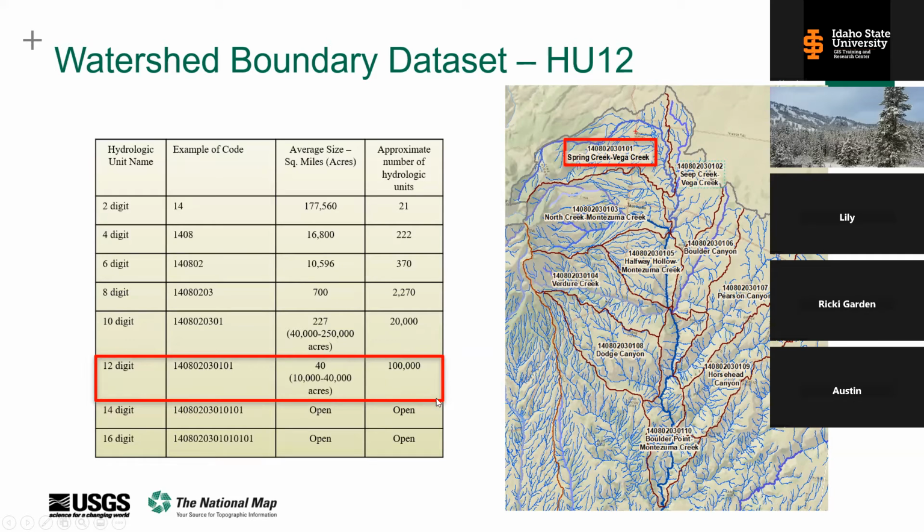The average size at this level is going to be 40 square miles, and we have approximately 100,000 12-digit hydrologic units at this level. Now, again, the 14 and 16-digit hydrologic unit level, since those are optional for delineation, the size range for those is variable. We allow a variety of different size ranges for our delineation options that we have for those hydrologic unit levels, since they are really developed on a state-by-state basis for project-specific needs.